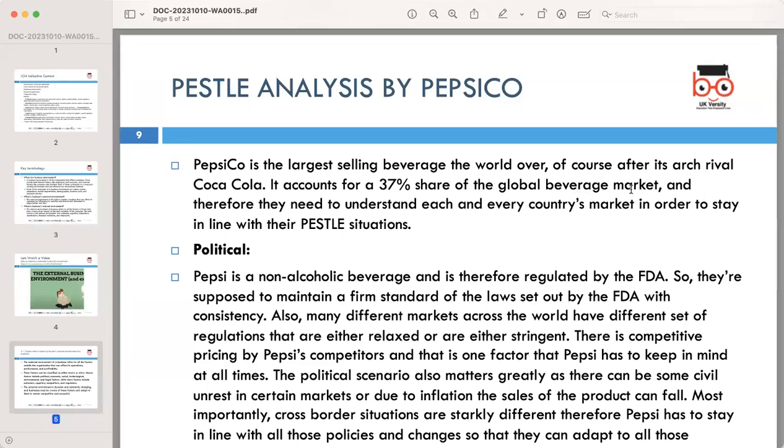To maintain their market position, they must comprehensively understand the unique PESTEL, political, economic, social, technological, environmental, and legal situation in each country they operate in.